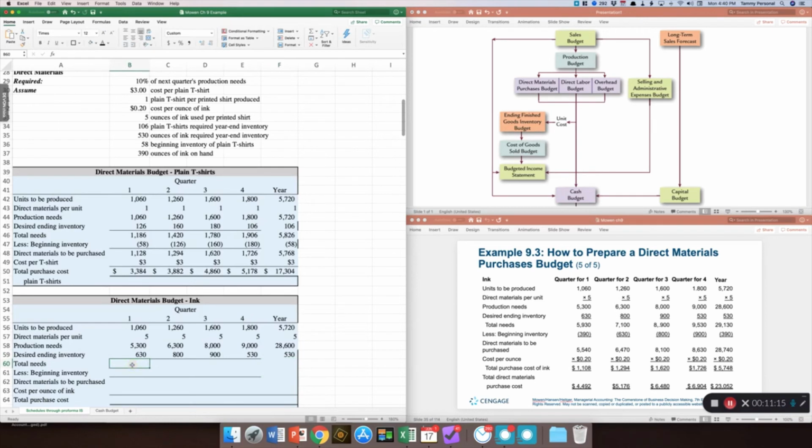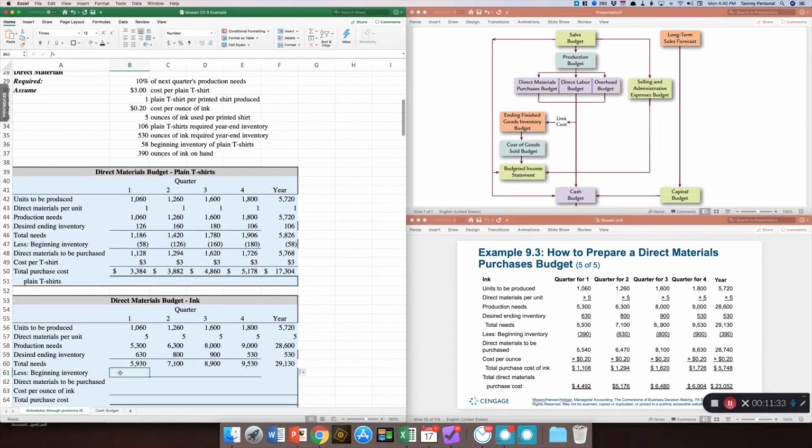So that means we need in total, that plus that, copy that formula out. And then we subtract out our beginning inventory just like before.